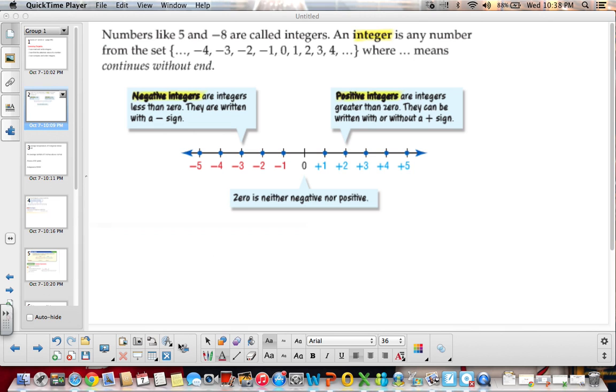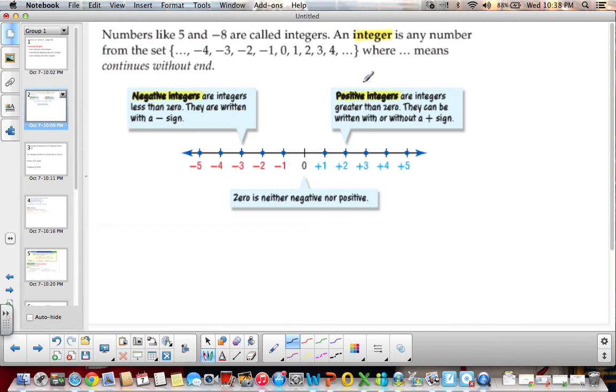It goes on and on this way, and it goes on and on this way. So -2 million or 2 trillion would be part of the set of integers, and +2 trillion would also be in the set of integers. So positive, negative, and 0 are all integers.